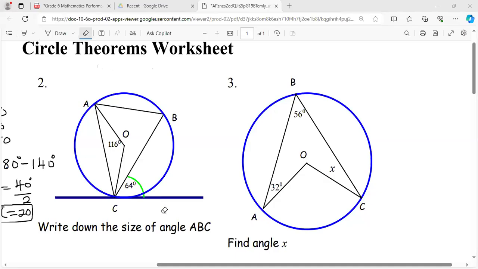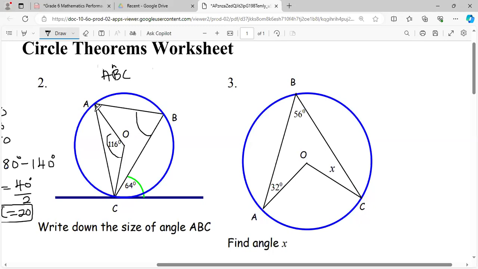Alright, so let's write down the size of angle ABC. So they wanted to find this angle. Whenever you see it like this, it's the angle in the middle, the one they want to find, angle B. So it will be this angle right here. It's rather simple than we think, you know. This is the center, right? So we can say that the angle at the center is twice the angle at the circumference.